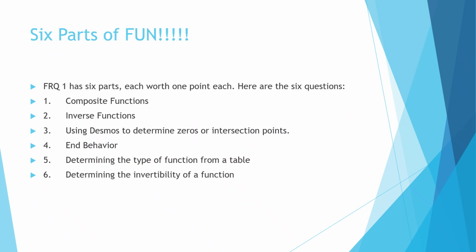Now, these are the 6 possible questions that they can ask you. Here, for the first 4, each of these could only be 1 point. So composite functions, inverse, using Desmos, and behavior, you will see one of those 4 on every FRQ. And then you'll either see 5 or 6, where these are going to be worth double points.